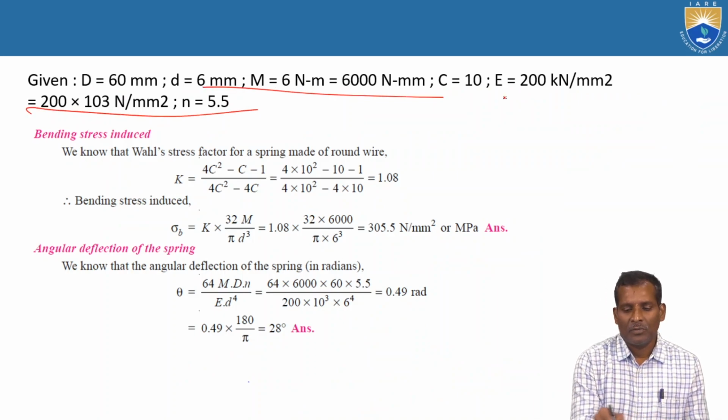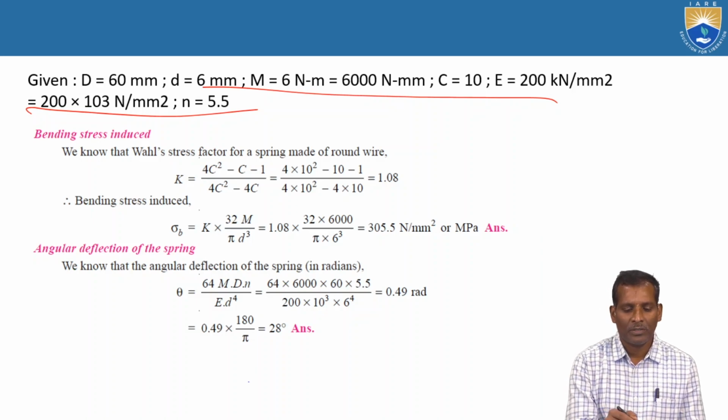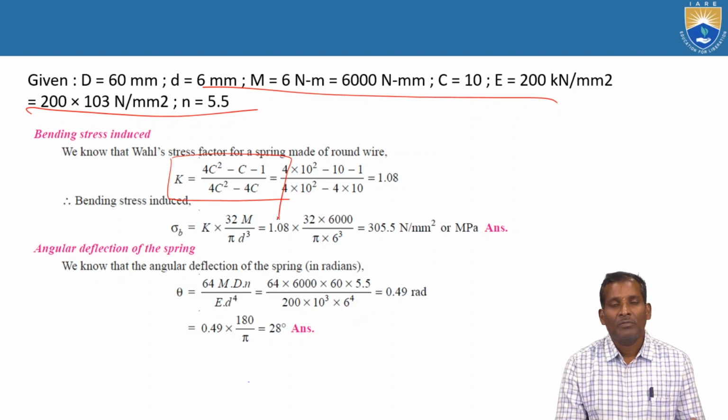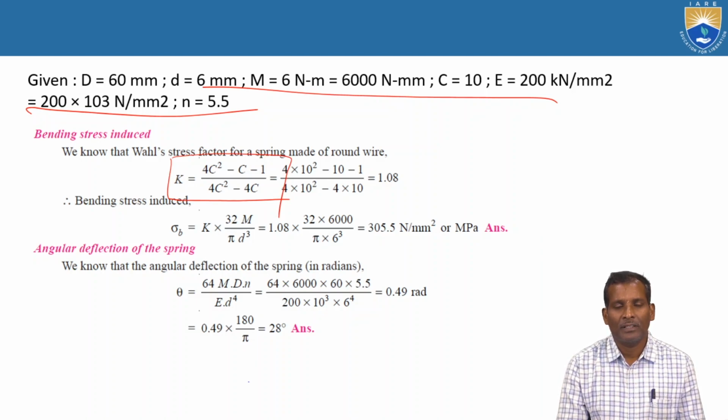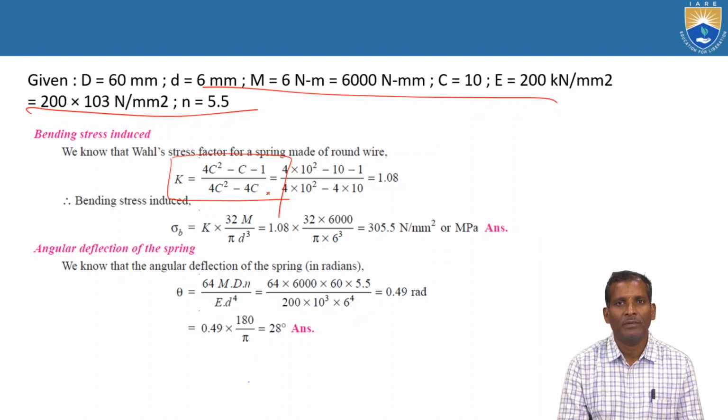Given data is over, and here we find the bending stress induced. We know the Wahl stress factor for a spring made of round wire. For a torsional spring, the Wahl stress factor relation is K equal to 4C square minus C minus 1 by 4C square minus 4C.